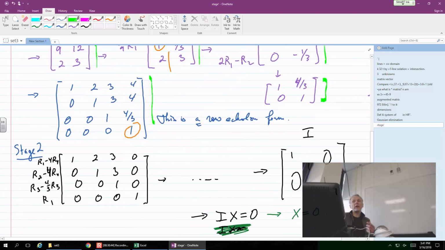We're only looking at the leading one every time, and at the entries above or below it to kill. The end result will be pretty much the same, with one extra column and nothing else. So the answer would not be 0, but it would still be a single solution, because when the matrix ultimately is the identity matrix, there can be only one solution.